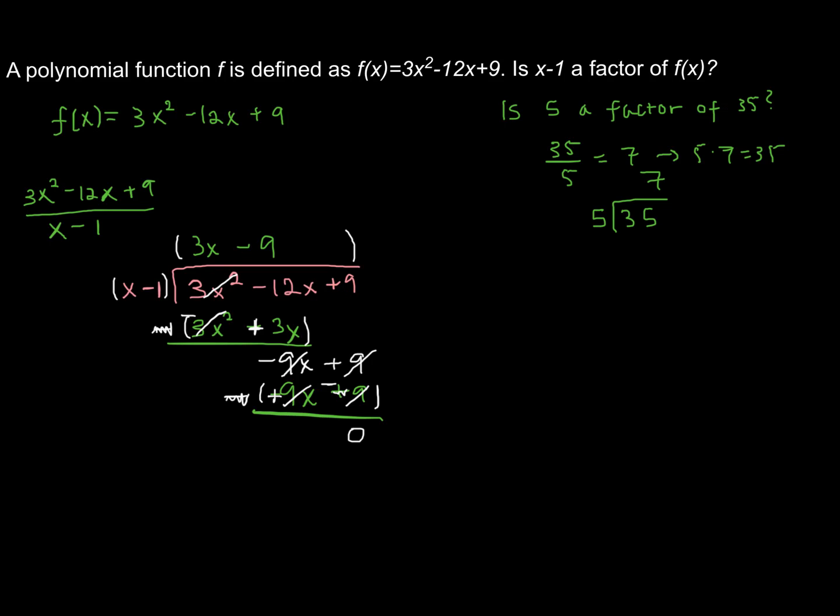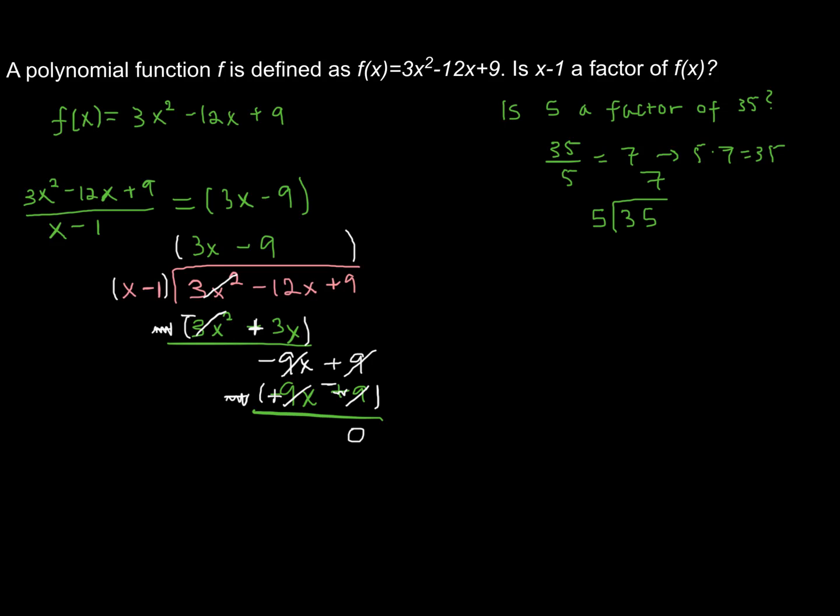So my quotient here is going to be 3x, and I'm putting it in parentheses, you don't have to, 3x minus 9. So that is proving that x minus 1 is a factor of 3x squared minus 12x plus 9. Why? Because x minus 1 times 3x minus 9 will equal 3x squared minus 12x plus 9.